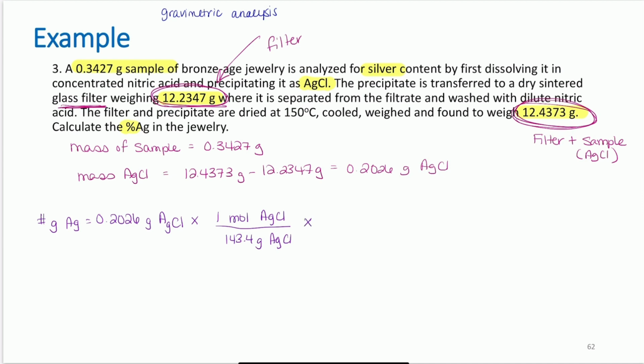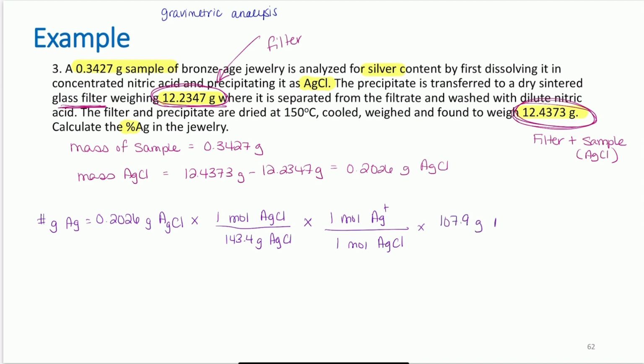Now, I know that I have 1 mole of silver for every 1 mole of silver chloride. Now that I have moles of silver, and this is silver ion technically, I know that I can convert that right over to grams of silver.